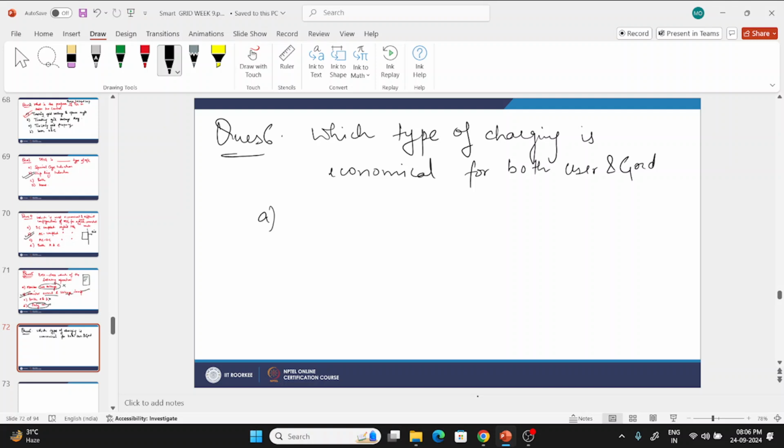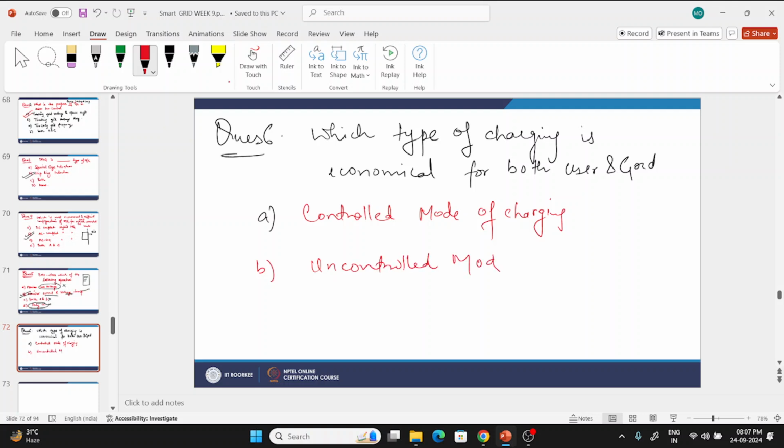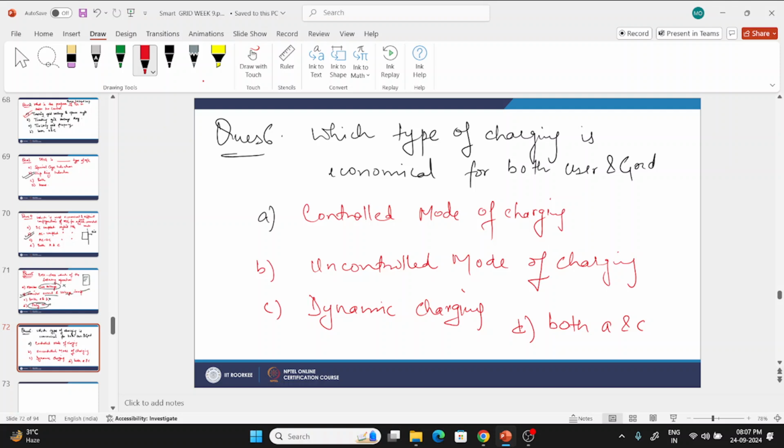Okay, first is uncontrolled, control mode of charge, B uncontrolled mode of charging, and C dynamic or smart charge, dynamic charging, and D both A and C. So write the correct answer.